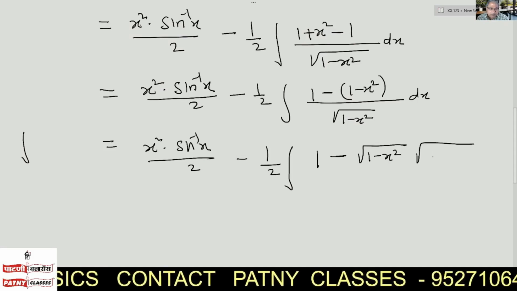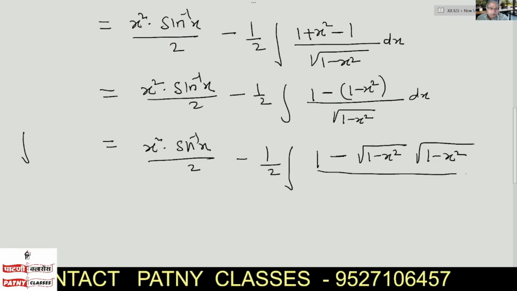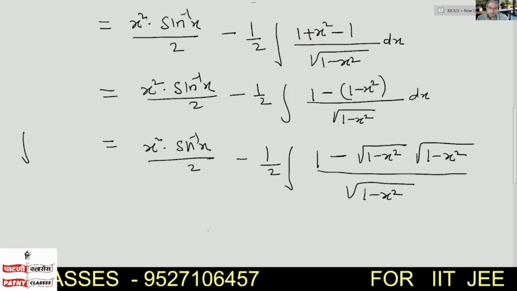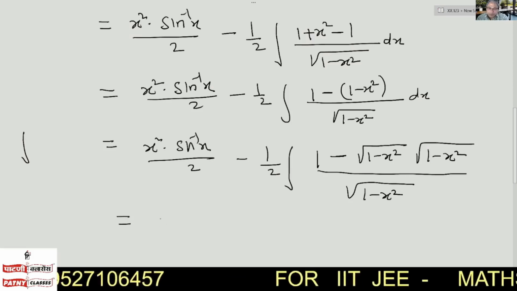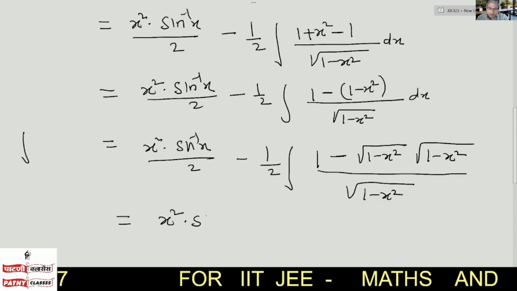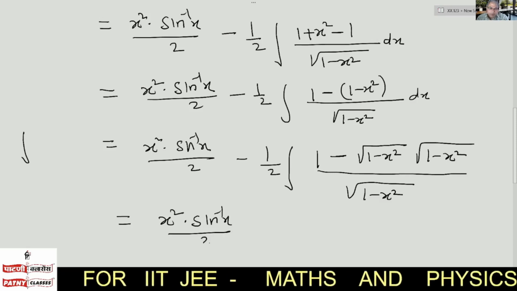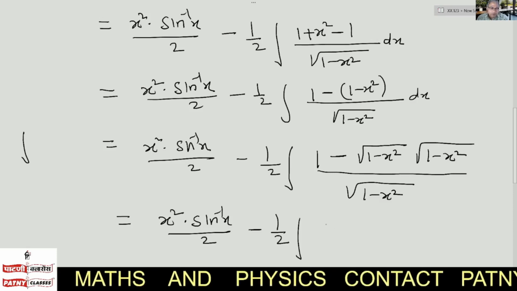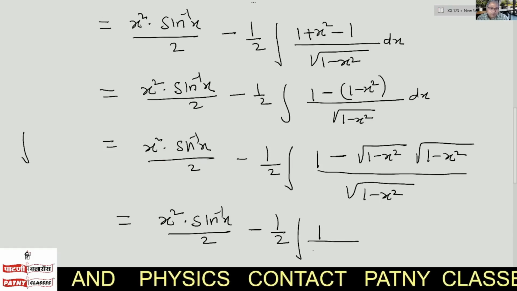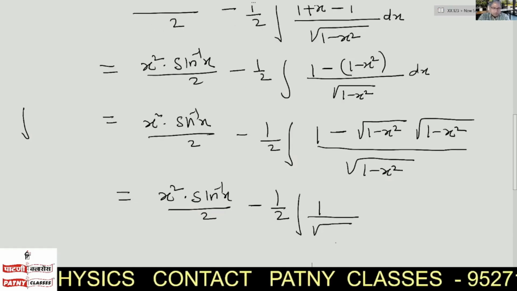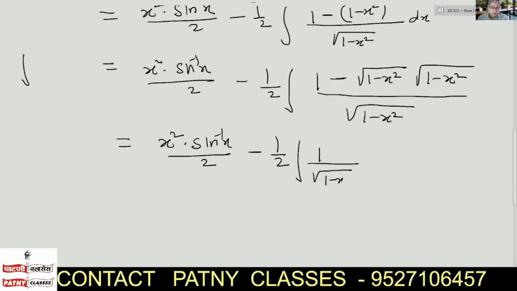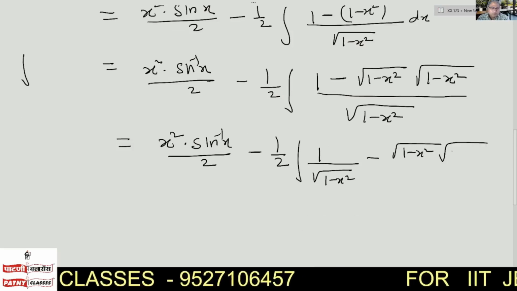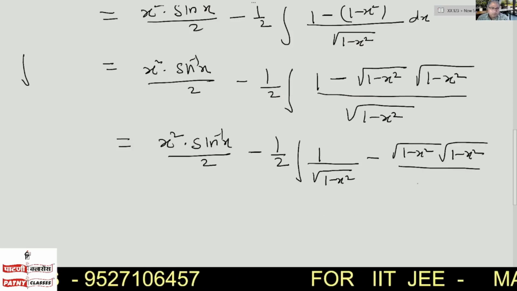Any number can be written twice in a square root, divided by under root of 1 minus x square, equals x square into sine inverse x upon 2 minus 1 by 2, and here it is split into fractions.